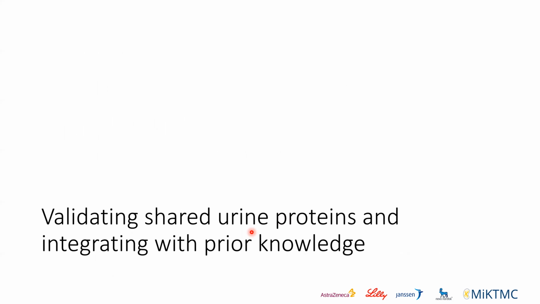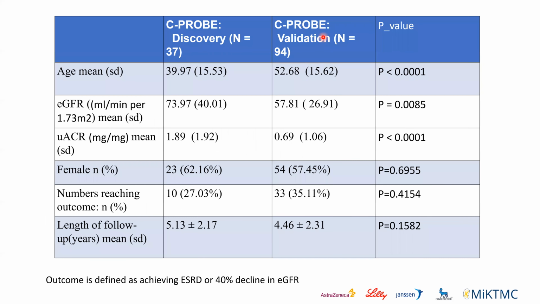Second, we tried to validate our findings in another independent cohort. For this, we have the urine protein profile for at least 94 independent samples, with 4.5 years of follow-up time, and 33 of them achieved the outcome.